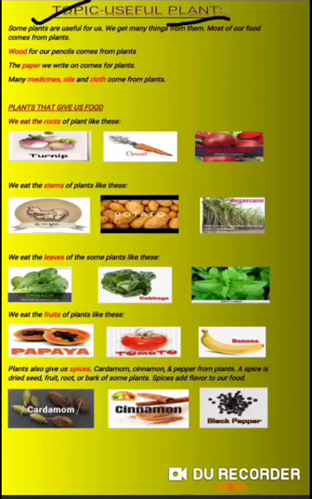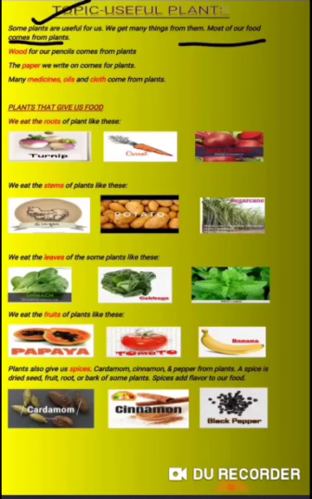Firstly, you have to know what a plant is. A plant is a living thing that grows in the earth and has a stem, leaves and roots. Some plants are useful for us. We get many things from them. Most of our food comes from plants.